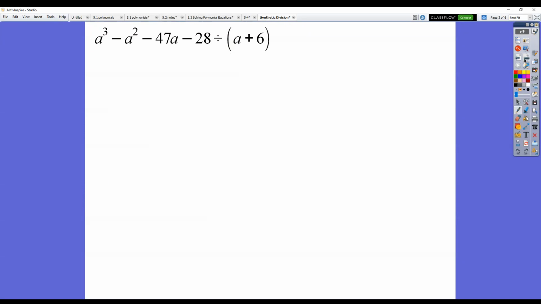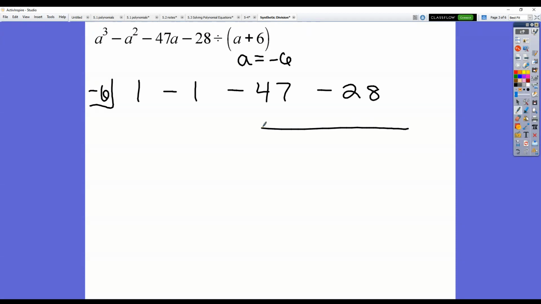Okay, the next one, divide by the 0, a equals negative 6. Write down our coefficients. Drop down the first term. Multiply, add. That's a pattern, guys.